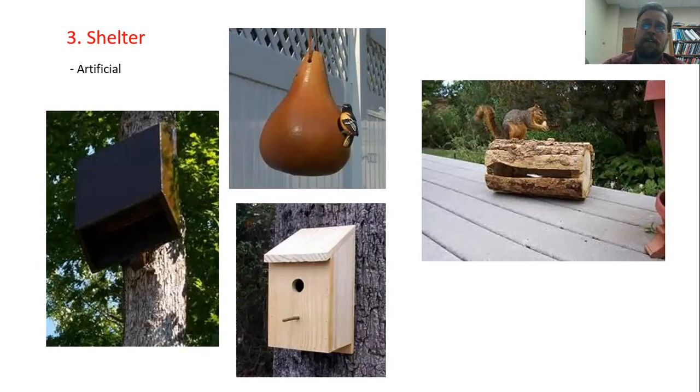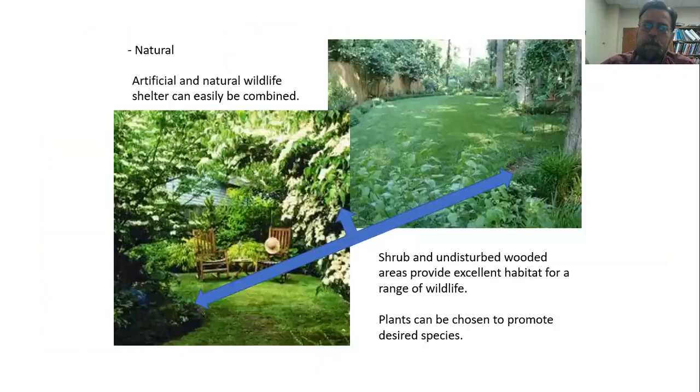And one of my favorite things to add into the landscape are actually bat houses that provide a really convenient place for bats to be able to reside, particularly away from the eaves of my house, because I don't want them getting into my attic. So again, there are all sorts of artificial shelters that you can add in. But again, having natural shelter is really the ideal.